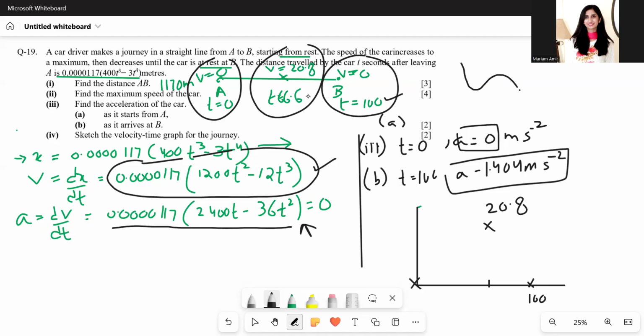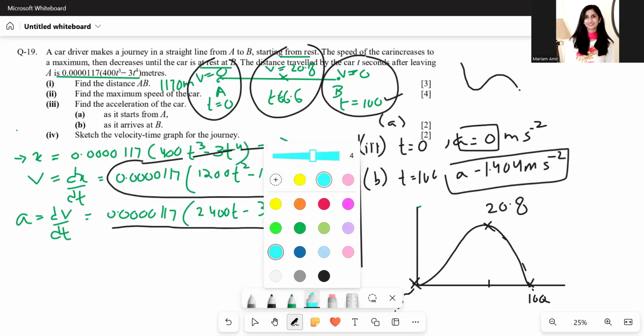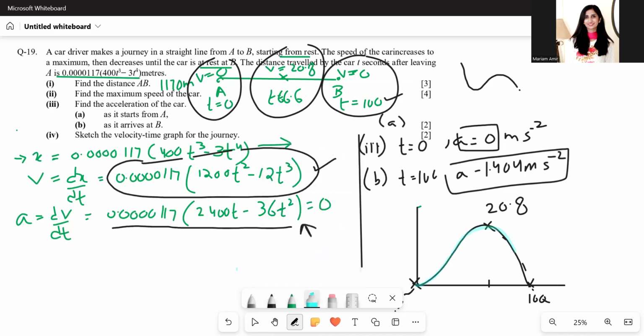So the graph is something like this. It's part of a cubic curve. There's probably more here, but this is the graph within 0 to 100. And you may write 66.666 here and label the axes.